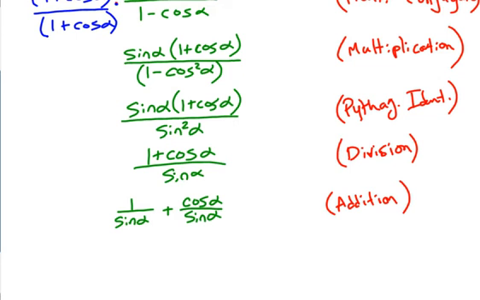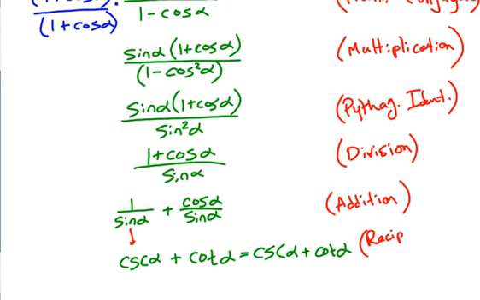And as we look at that, 1 over sine of alpha is the reciprocal identity for cosecant of alpha, plus cosine over sine of alpha is cotangent of alpha. Now what I'm actually doing there, I probably should break this in 2 steps. We'll let it slide here because they're very similar things. What I'm using to write this as cosecant is the reciprocal identity.